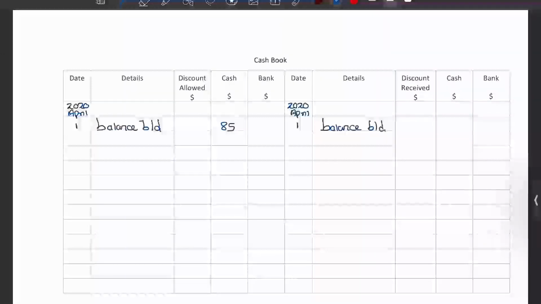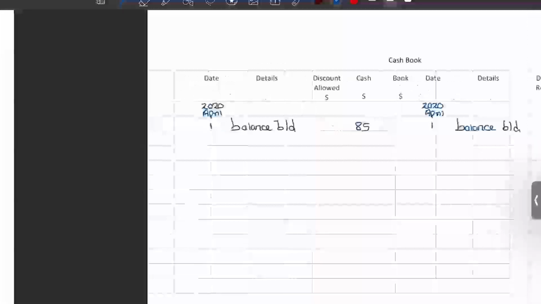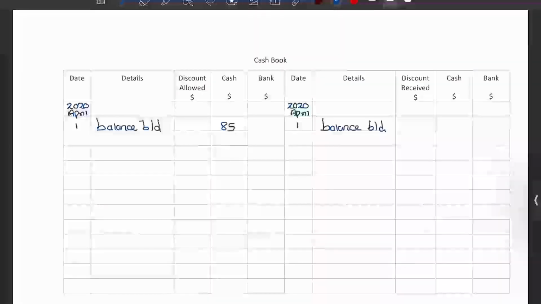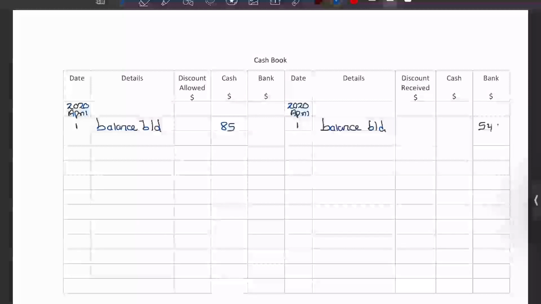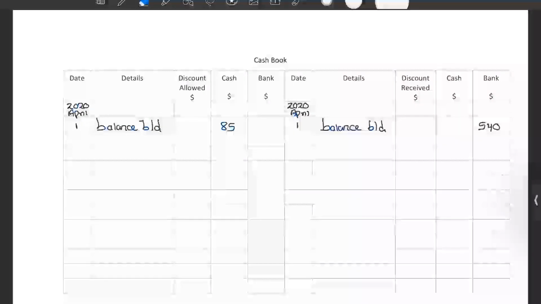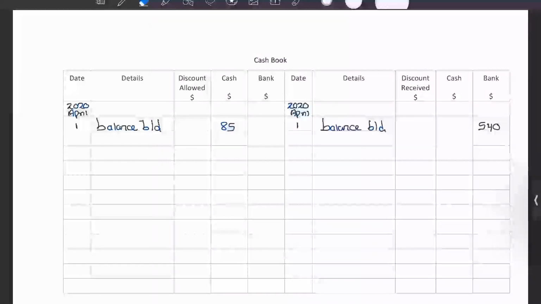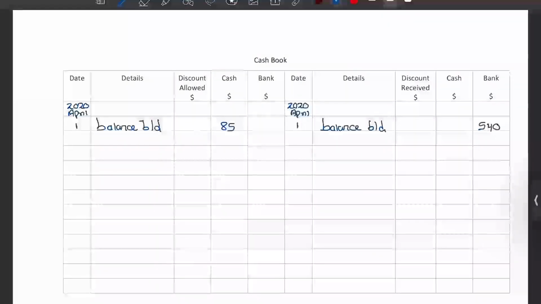Bank overdraft is a liability which you take to the credit side, 540. So you can enter 540 over here. Right? The first part, opening balance is entered. That's easy. Done? Super.